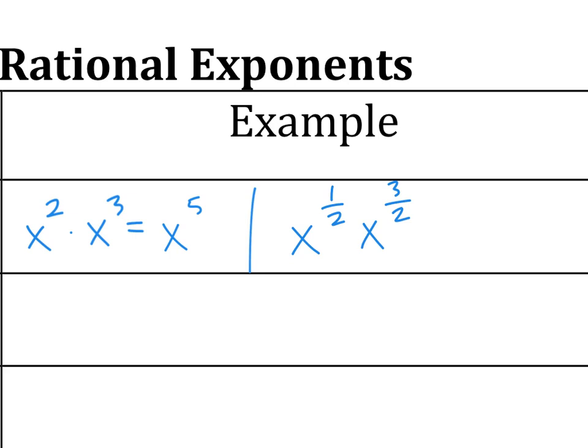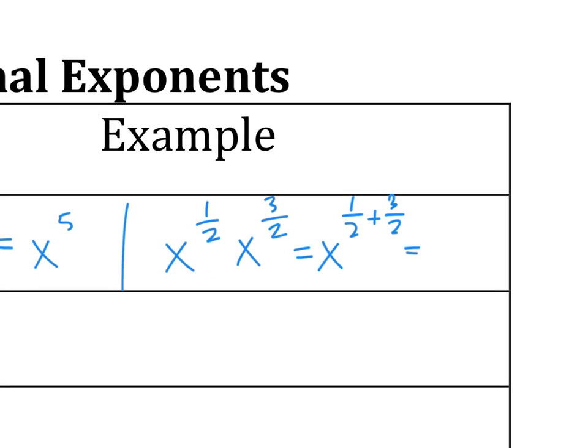If they have the same base, you add the exponents. X to the 1/2 plus 3/2 is what? X squared. So x to the 4 over 2, which is x squared. Okay, so the same rule you have learned applies to fractions.